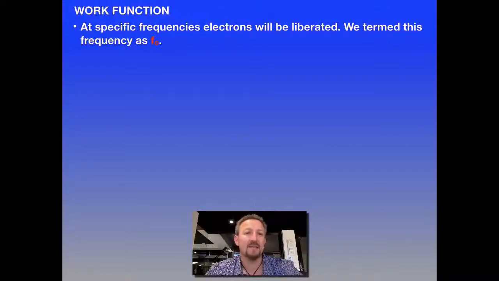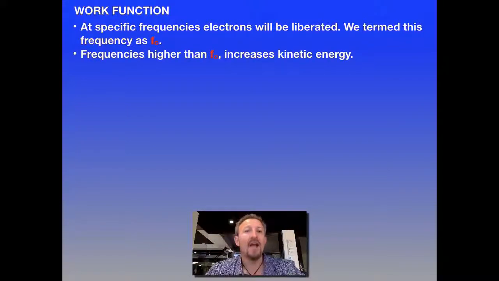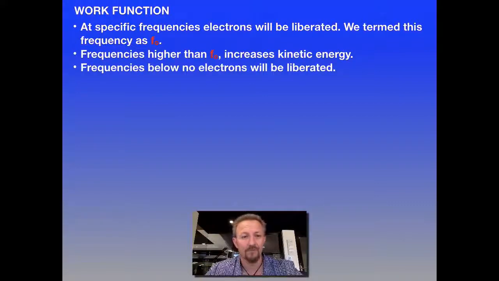And we give that symbol, as I said earlier, f subscript 0. Anything higher than f0, or the threshold frequency, will give added energy to the electron, and it will come off in the form of kinetic energy, thus increasing the photocurrent.